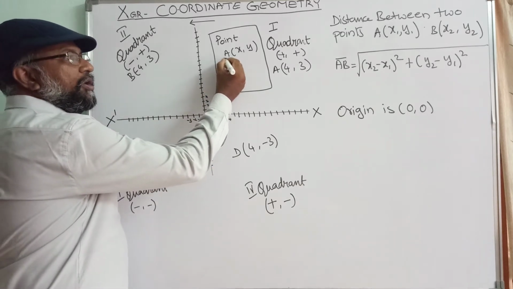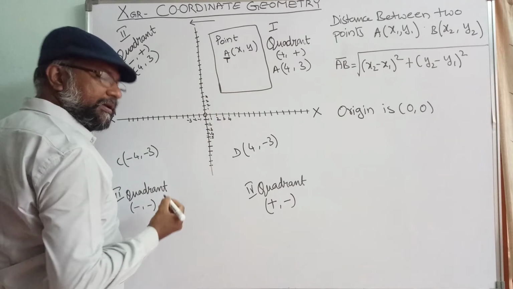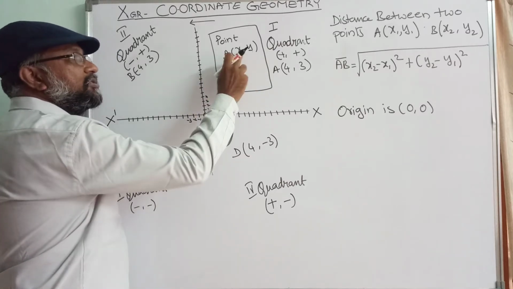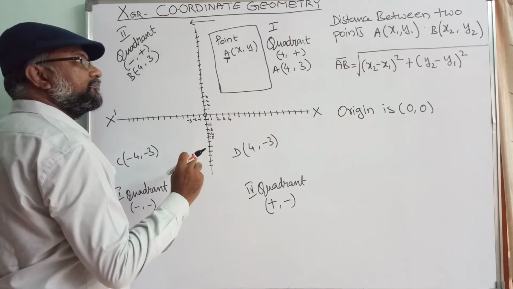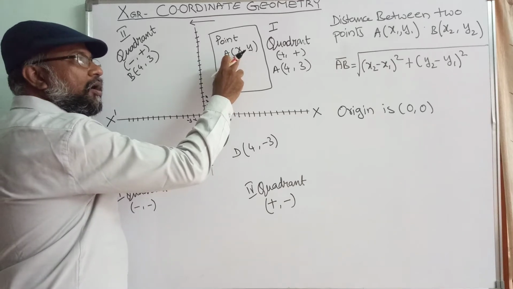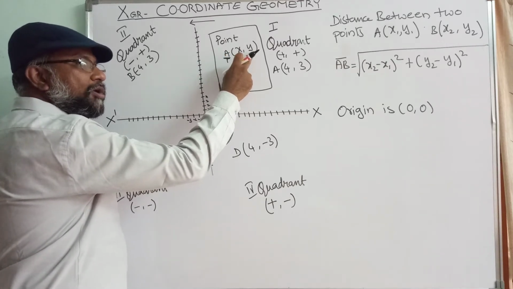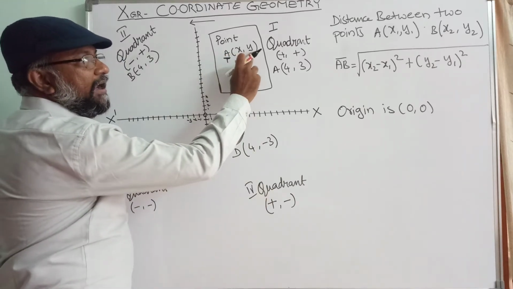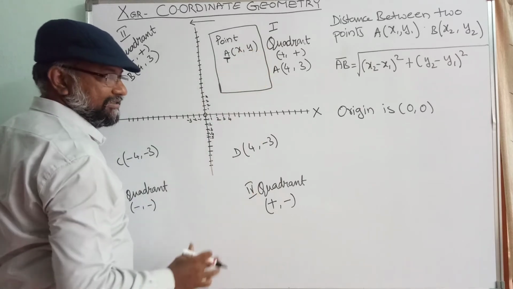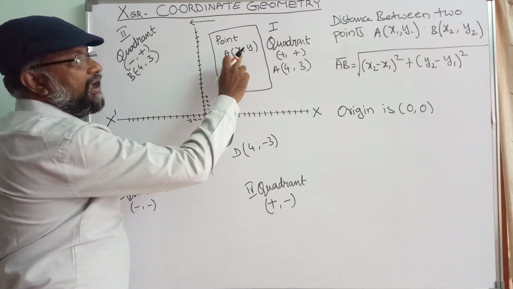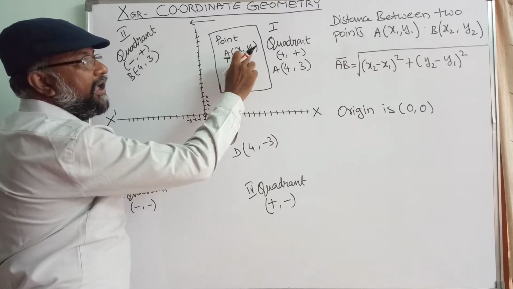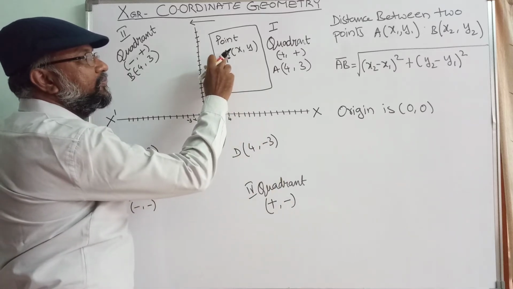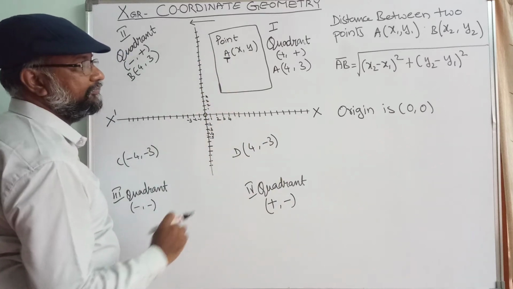A point should be denoted with a capital letter and x, y: the x coordinate and the y coordinate. This is called the abscissa and this is called the ordinate. We know that abscissa and ordinate are called coordinates. First we write the x coordinate, and next we write the y coordinate. A point is always referred to with a capital letter.